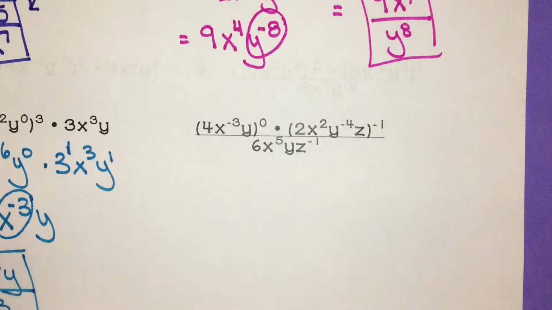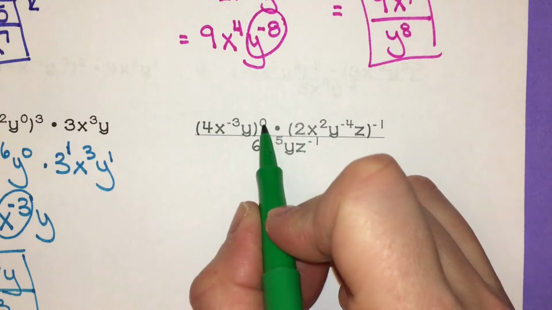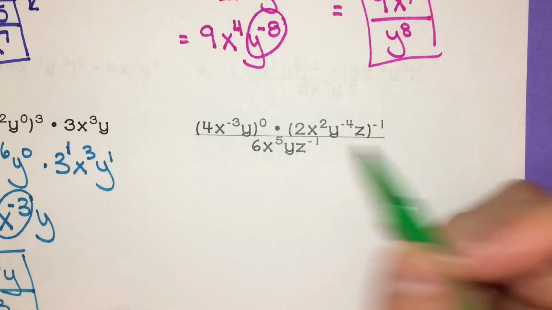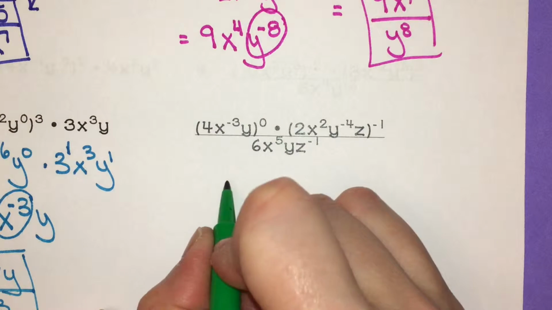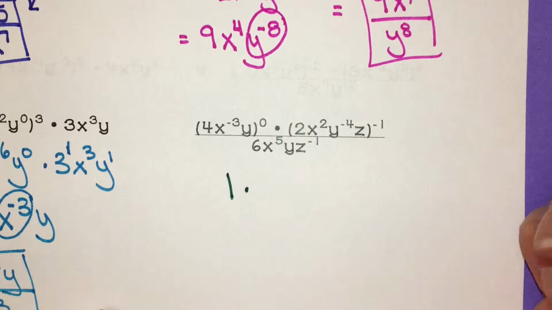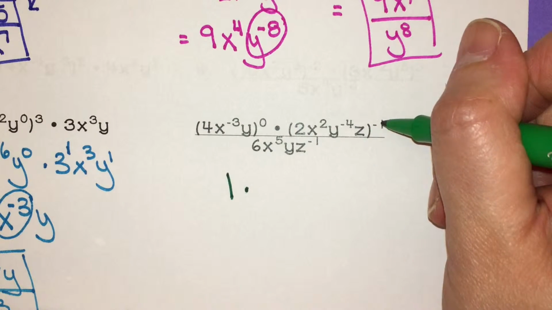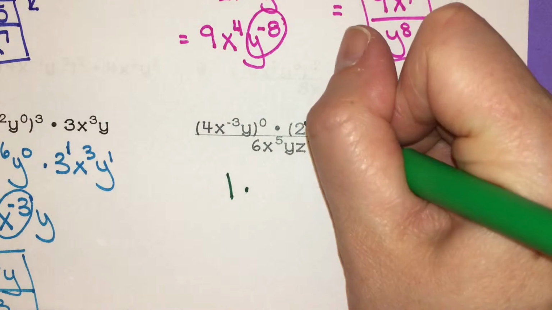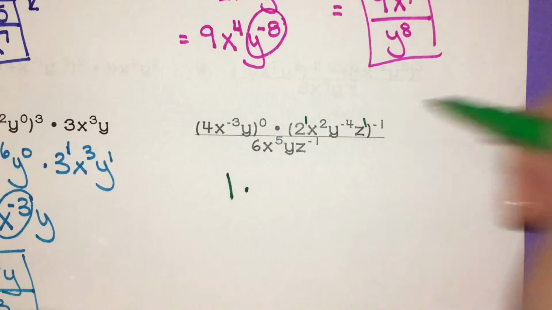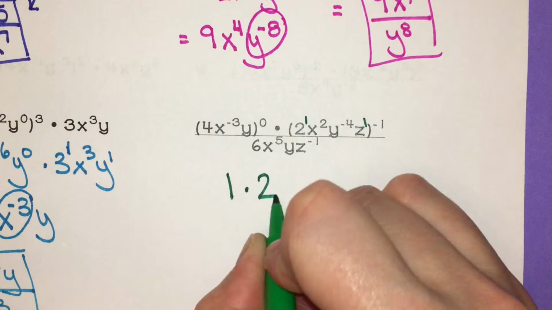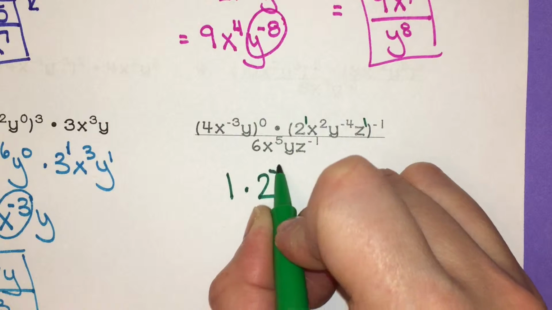All right, I'm going to do what's on top first and start with the parentheses. Well, this one's easy. It's raised to the power of 0, the entire parenthesis. So that entire thing equals 1. Multiplied by, I have to multiply all the exponents by negative 1. So raise 2 to the 1st power and z to the 1st power. So this is 2 to the power of 1 times negative 1 is negative 1.